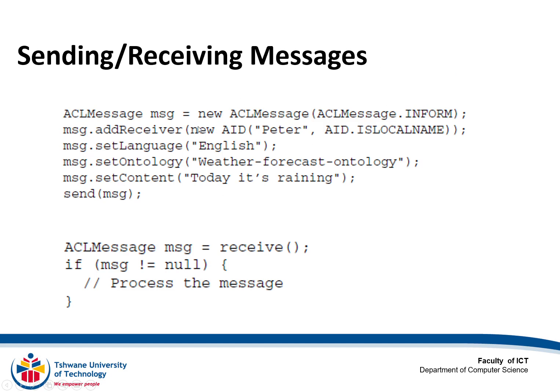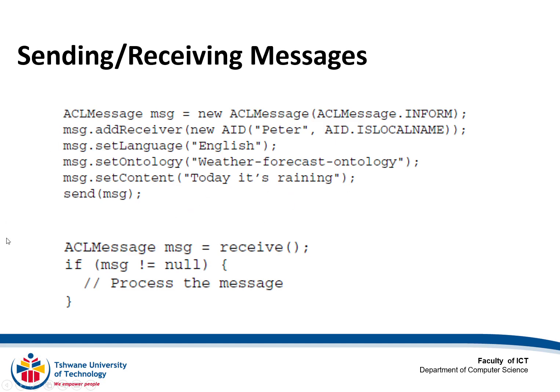The language to be used will be English, and your ontology for this particular method will be the weather forecast ontology. Remember, ontologies are particularly specific, whereas the language is more generic. And because it's a weather forecast, you notice that even the content that you set relates to weather in that it is domain specific, which is why it says today it's raining.